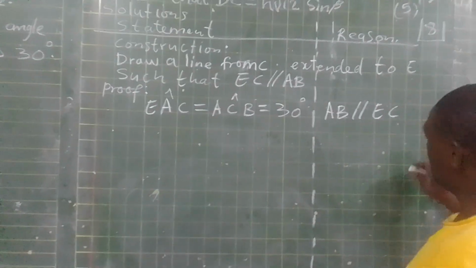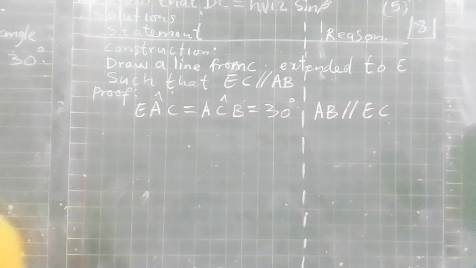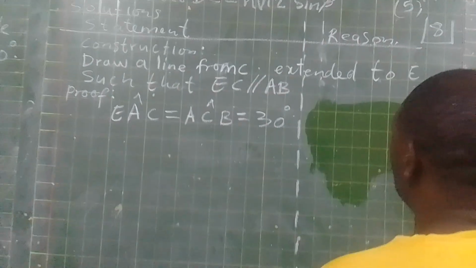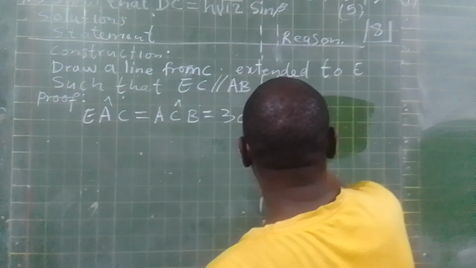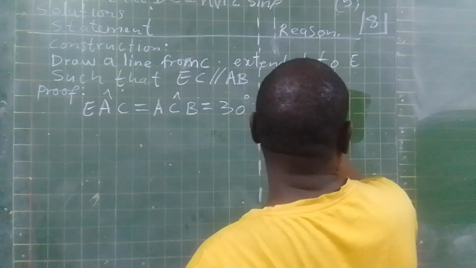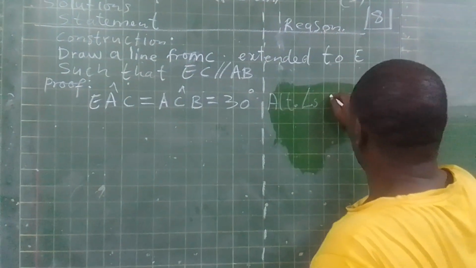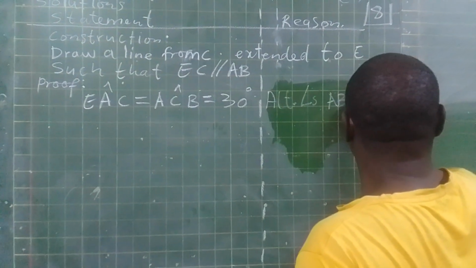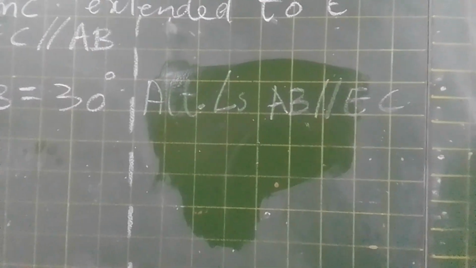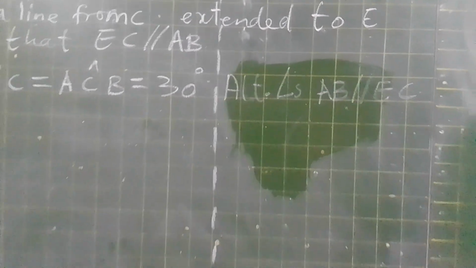It forms alternate angles. You always start with the condition: AB is parallel to EC, alternate angles, right?